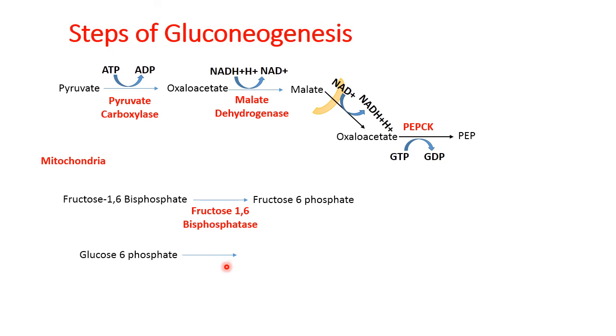That is also a reversible step, and then again we have the third irreversible step. The glucose 6-phosphate will get converted to glucose by the enzyme glucose 6-phosphatase. Now this enzyme glucose 6-phosphatase is physiologically absent in muscle. So from muscle we cannot directly have free glucose.